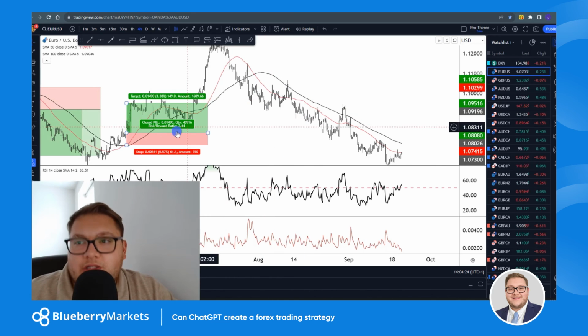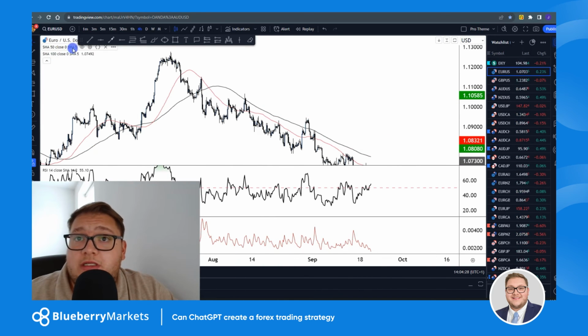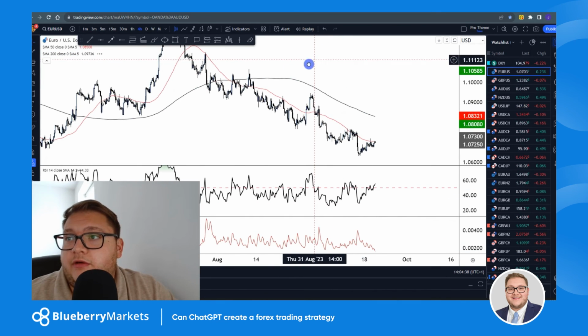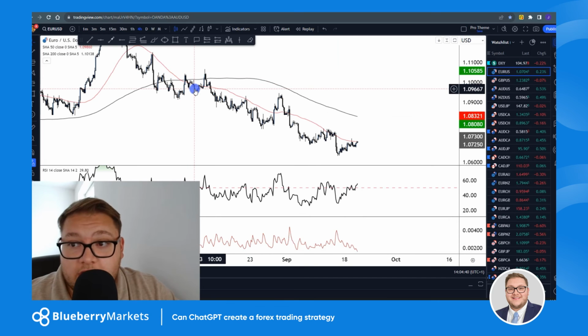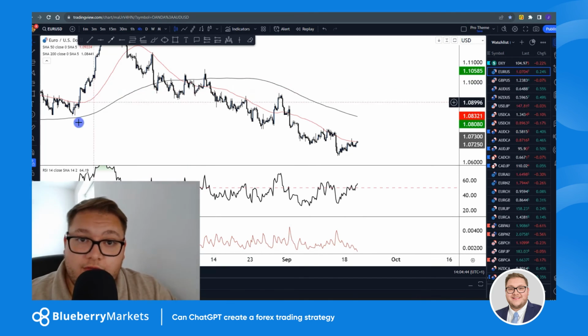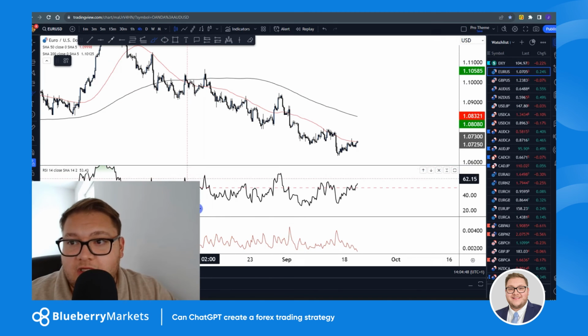Now, a strategy that we talk about in the live streams is not too dissimilar to this, although it's not a 50 and 100, it's actually a 50 and a 200 moving average. What we like to look for is when price has crossed over, we like to see it go above the 50 on the RSI and then come back through it, not just that it's below it, because that to me shows us that the momentum is shifting.